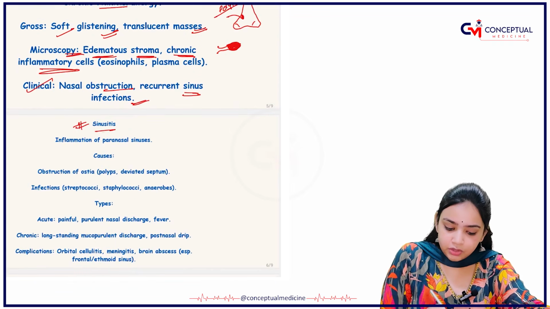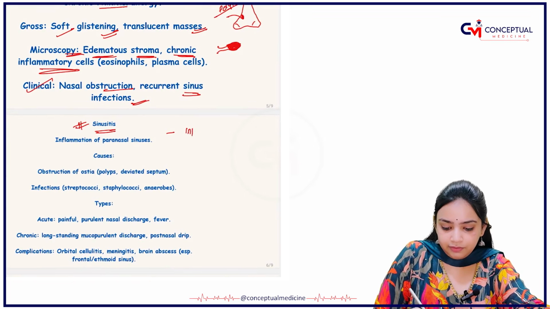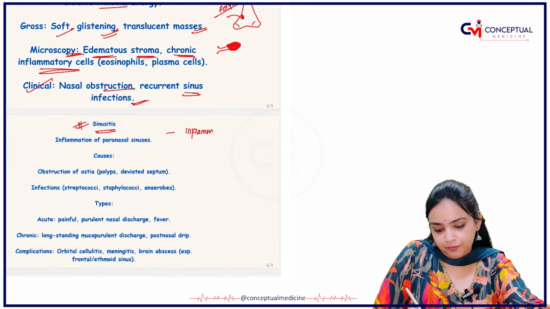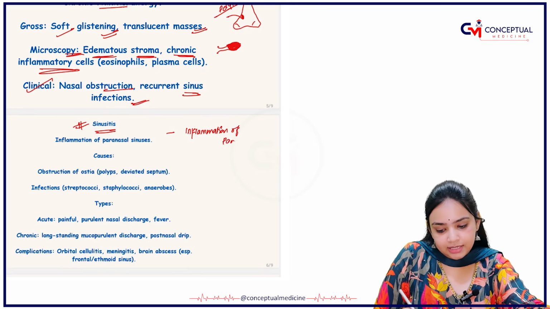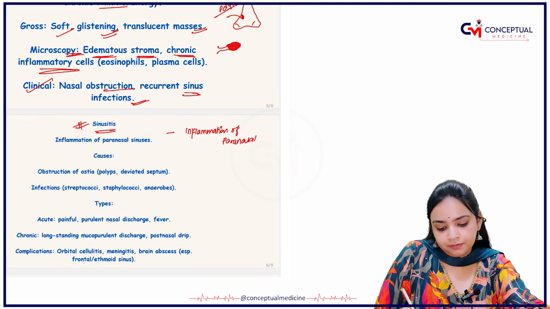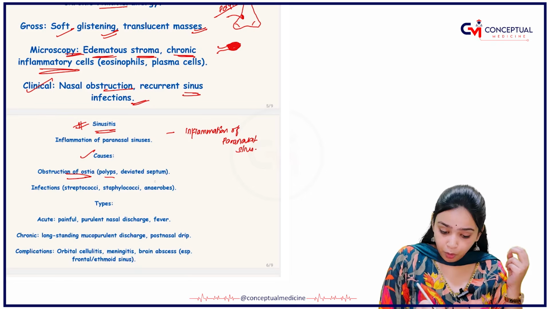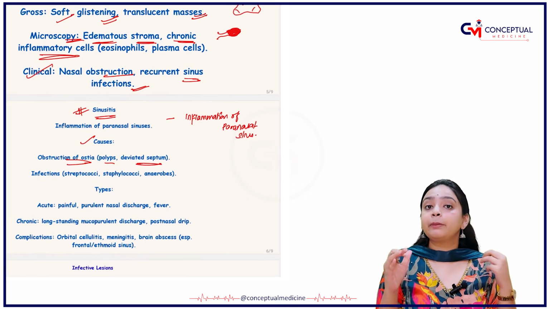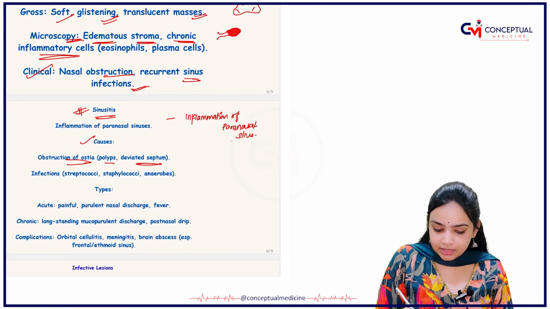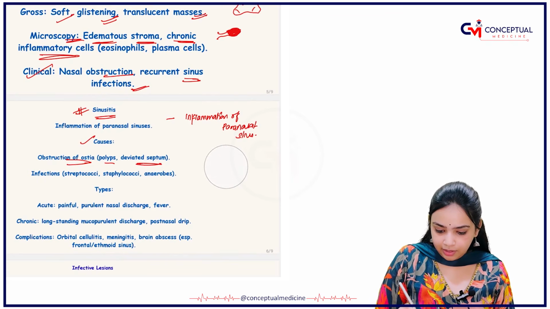Let's talk about sinusitis also. Sinusitis is the inflammation of paranasal sinus. What are the causes? The cause is obstruction of ostia, which can be due to polyp and deviated nasal septum. You know what is deviated nasal septum?